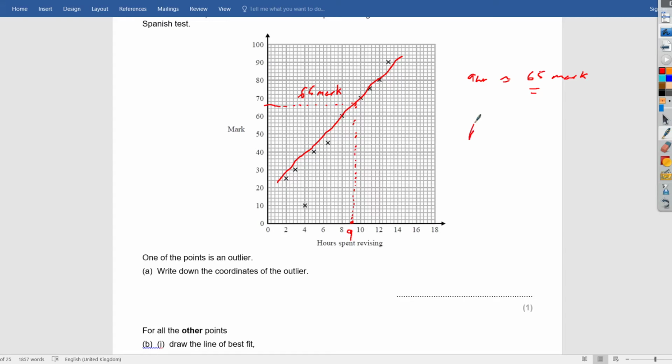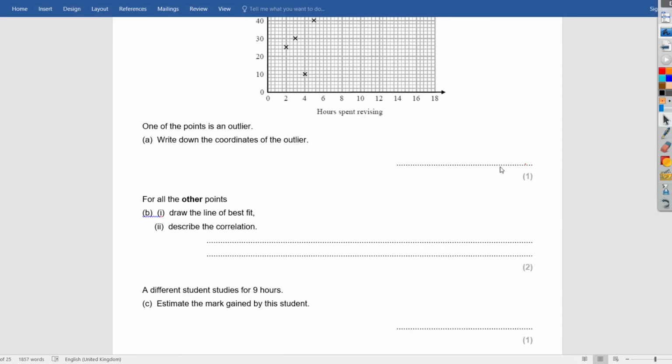And we said it represents a positive correlation. Okay, so the more you study, the higher the mark you're going to get. Okay, let's just clear that. I think we've got one last question at the end.